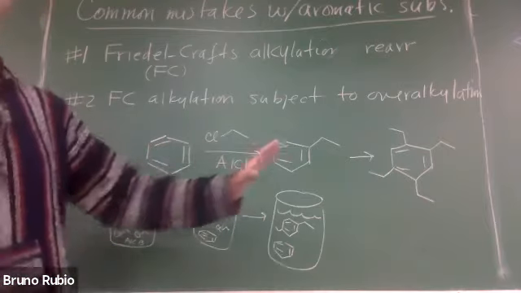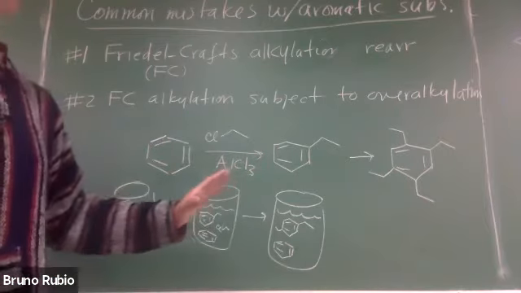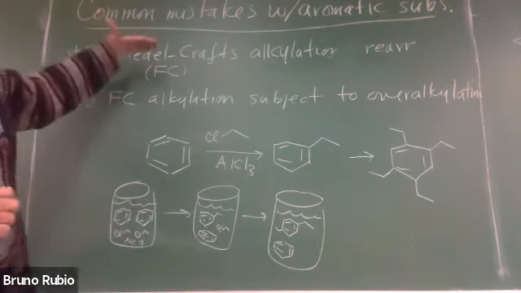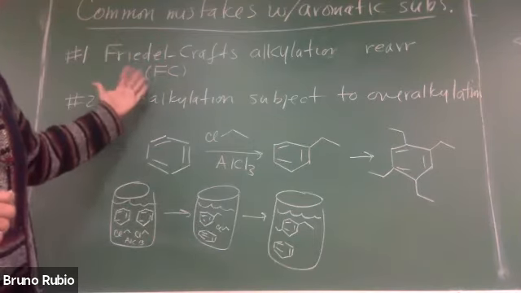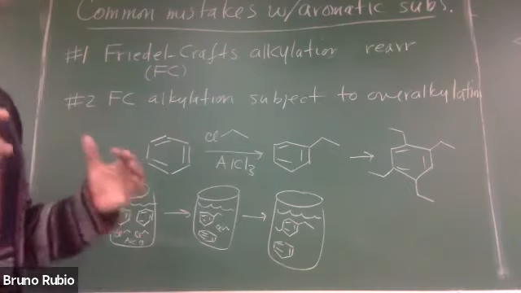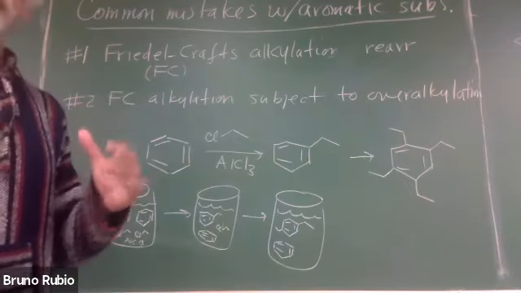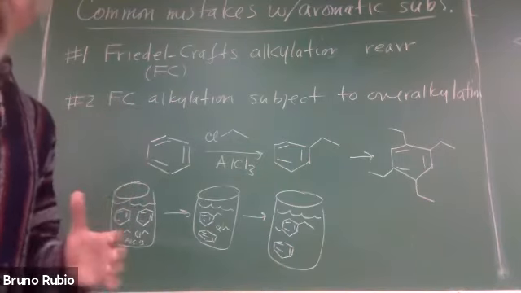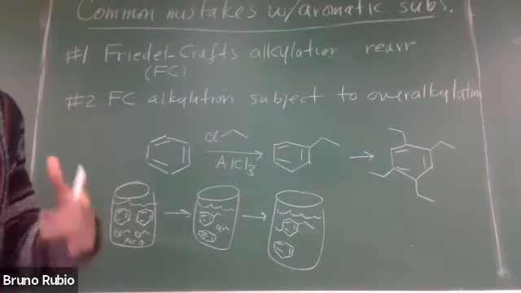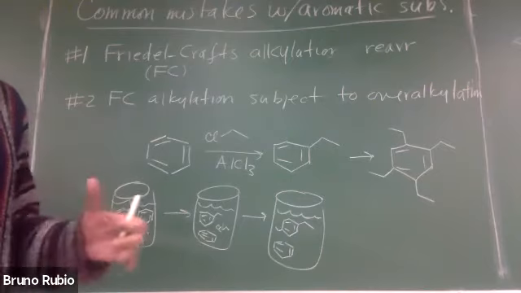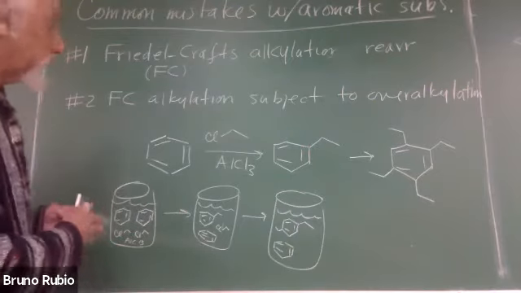So that's another common mistake that is made. And the fix here would be, again, use this Friedel-Crafts acylation, because the acyl group, that carbonyl group, is a deactivator. So there is no danger of over acylation, but there is this danger of over alkylation.